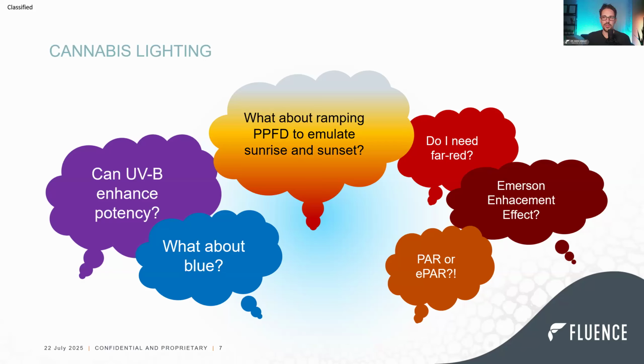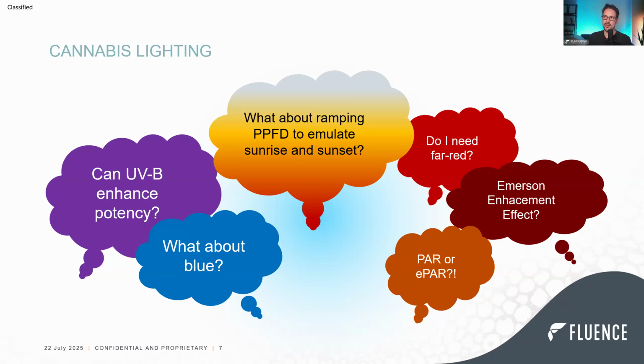Before I dive into all the research, the last thing I'm going to mention is that for most of what I'm going to share today, it's coming from Fluence's research. And the reason I'm focusing on Fluence's research, obviously, because I'm the principal scientist at Fluence, but also because the way that we do our research, I think, is the most commercially relevant compared to the research that you're going to find out there. And what I mean by that is that our research is executed at an intensity that you're realistically likely to do in your facility.